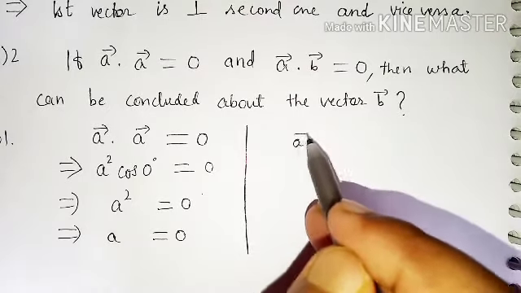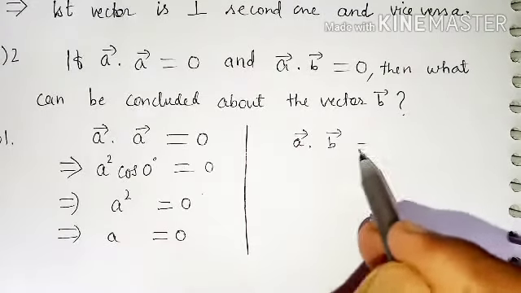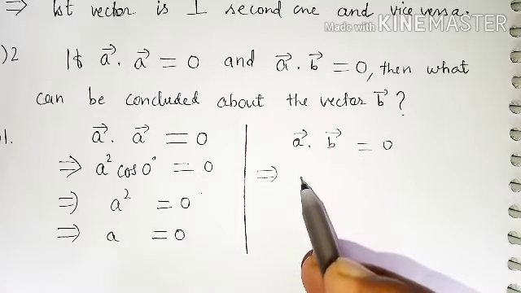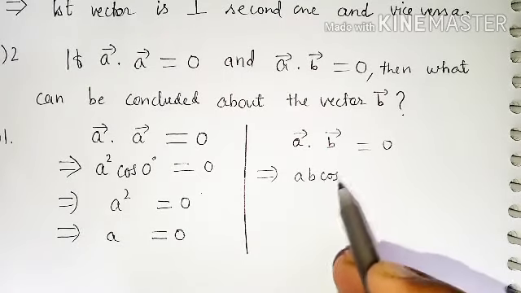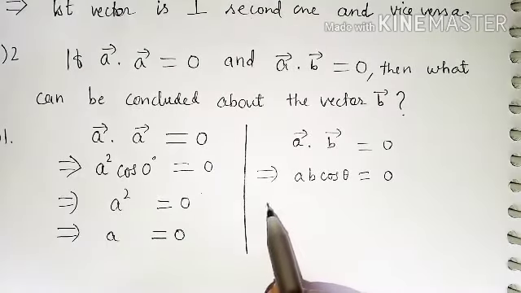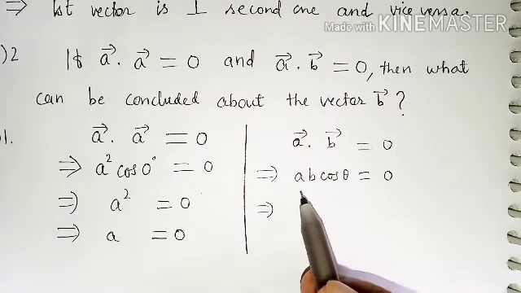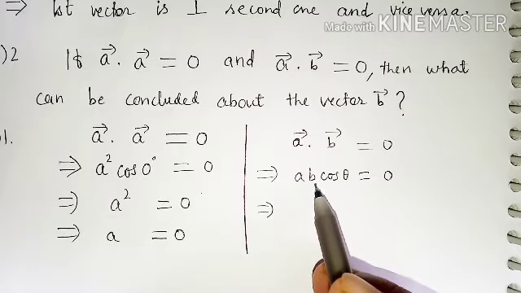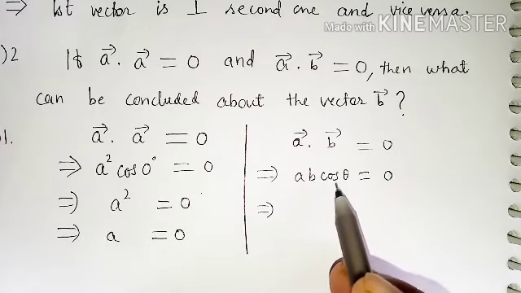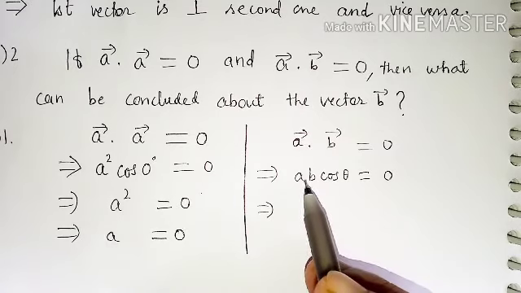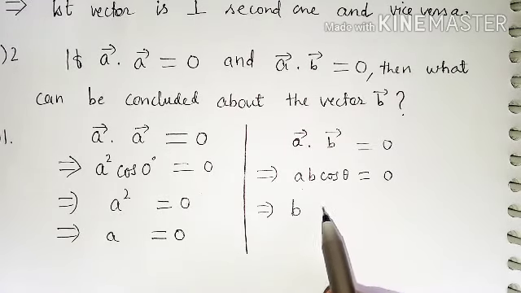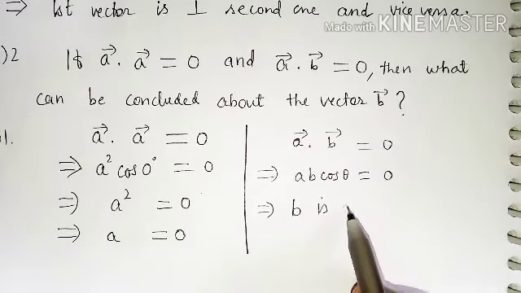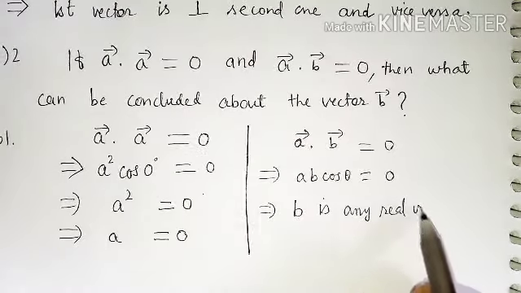Here also vector A dot vector B is equal to 0. This implies that AB cos theta is equal to 0. Here A is equal to 0. B, we cannot say what B is. Cos theta, this implies that B is any real value.